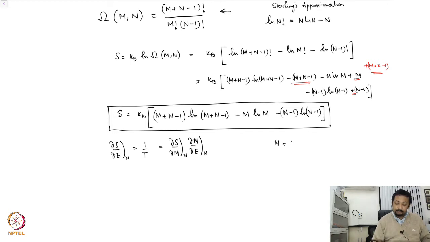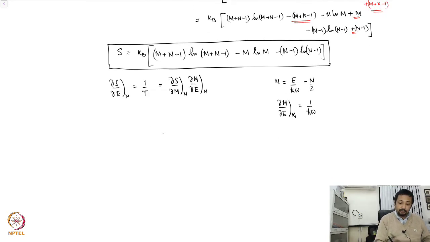Recall that m is going to be E over h bar omega minus n over 2, so that del m del E gives you just 1 over h bar omega.